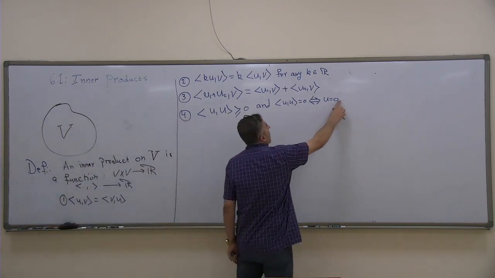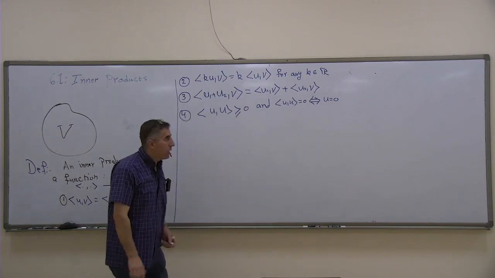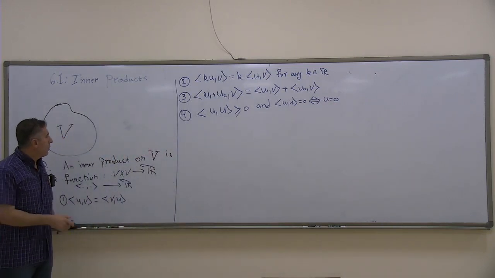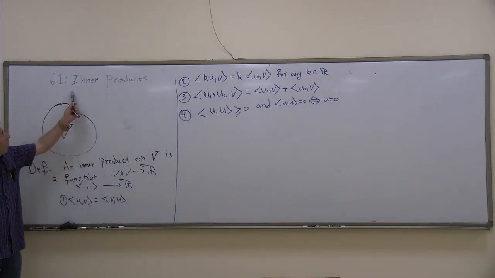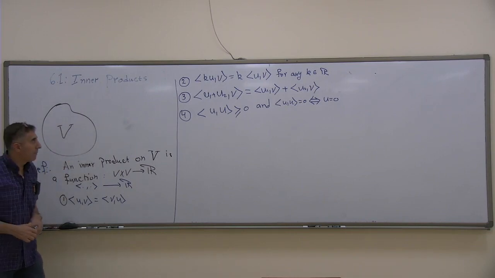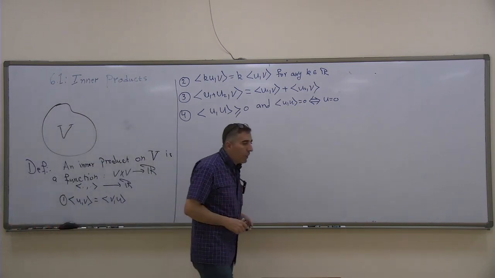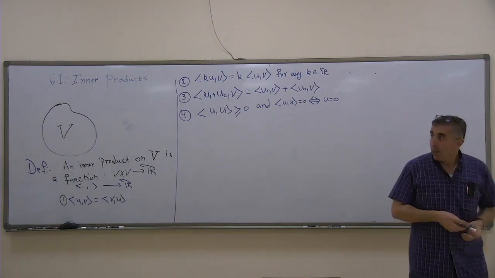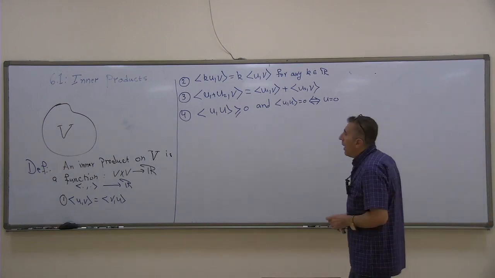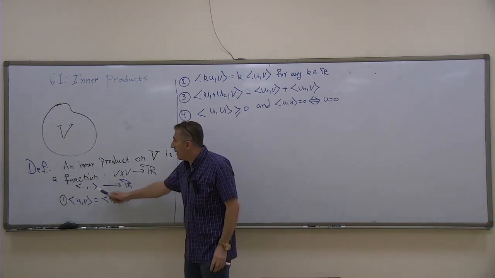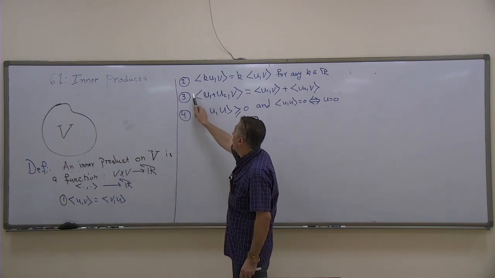So those 4 conditions must be satisfied to say that you have an inner product in your vector space. Now, you will see in a minute why we need these conditions to be satisfied. Suppose I have defined something that satisfies 1, 2, 3, 4.